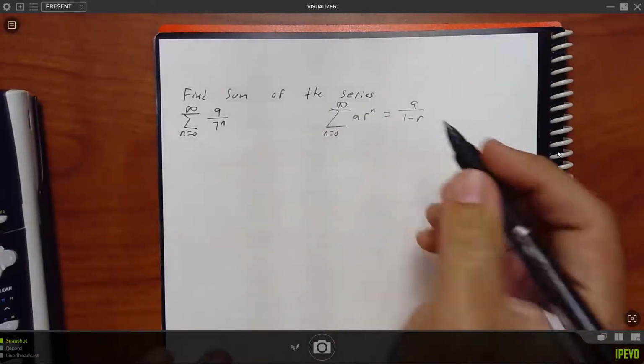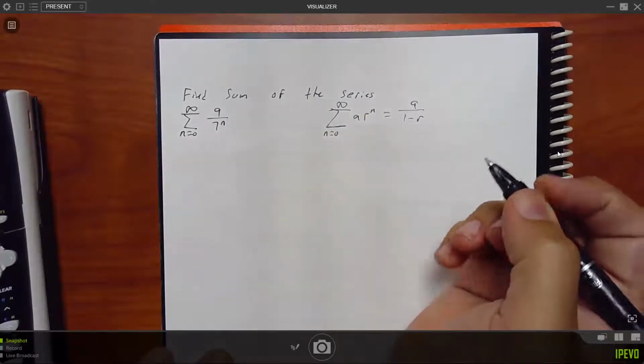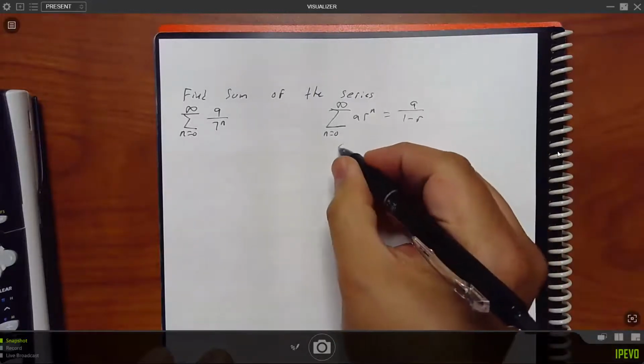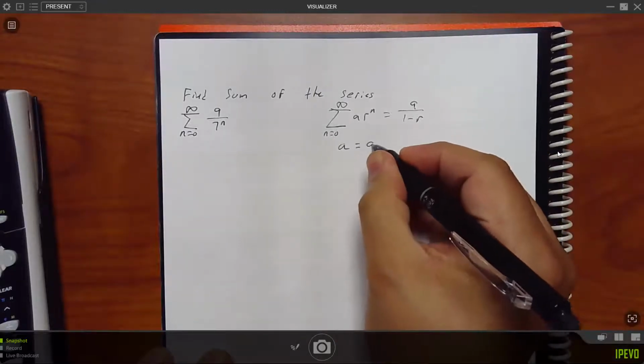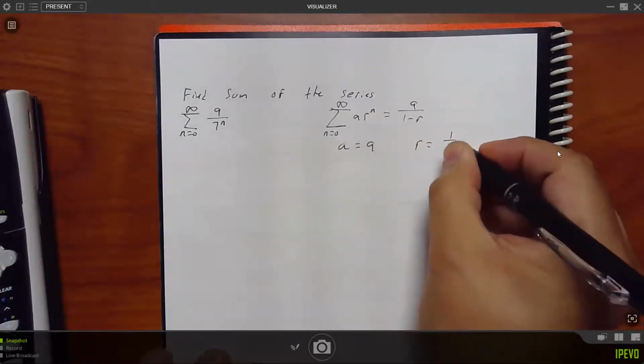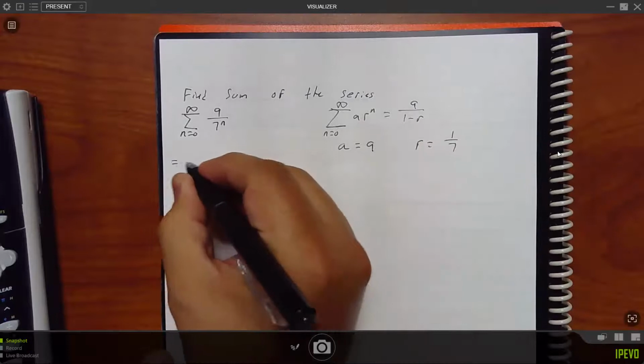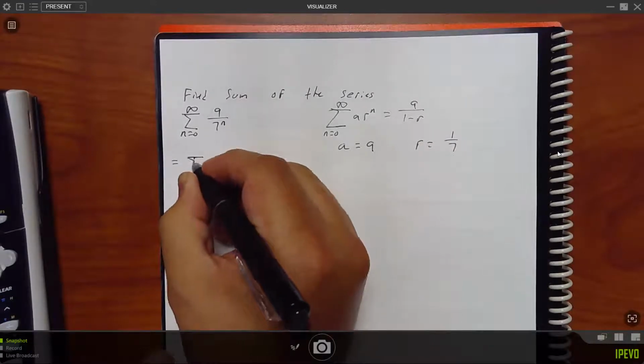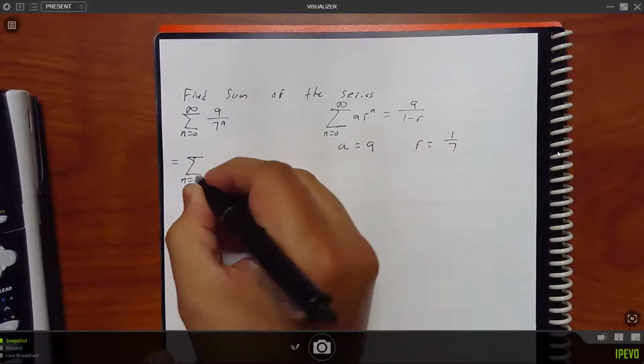So our A is going to be the 9, right? The R will be 1 over 7, because we can rewrite it as this here.